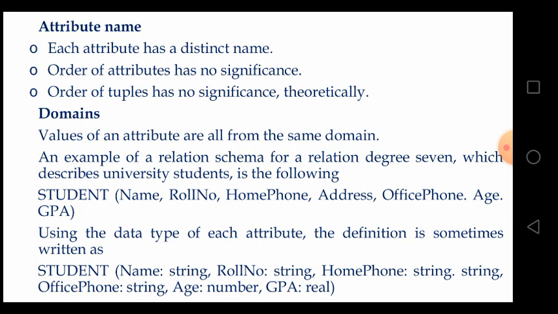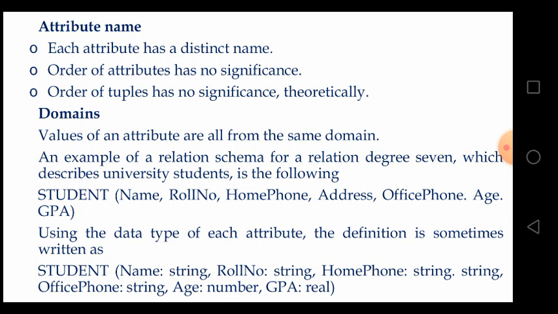An example of relation schema for a relation of degree 7 which describes university students is the following. Student is the relation name. Roll number, home phone, address, office phone, age, GPA are the attributes.